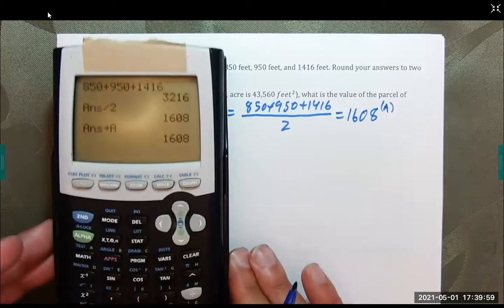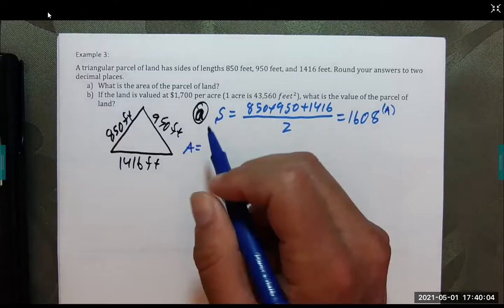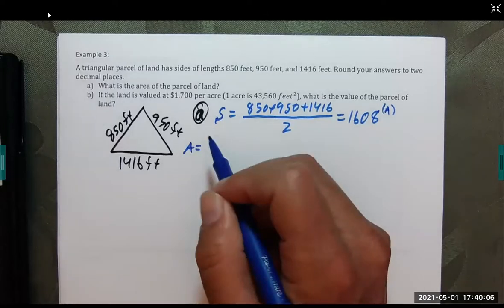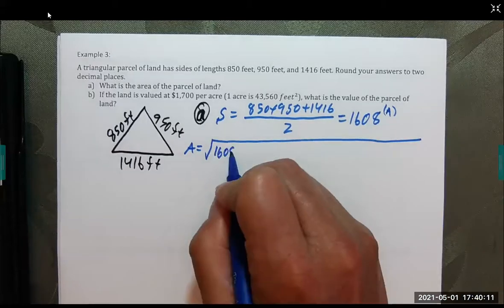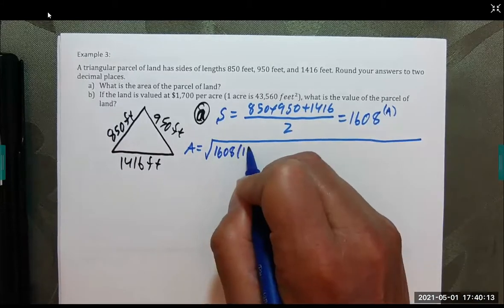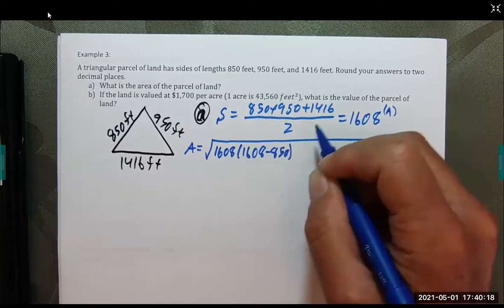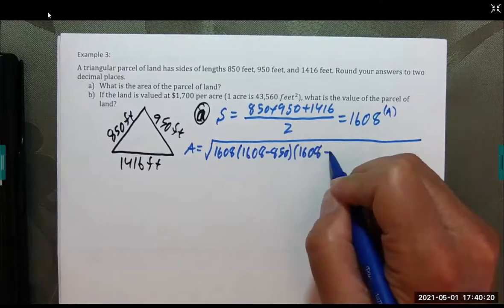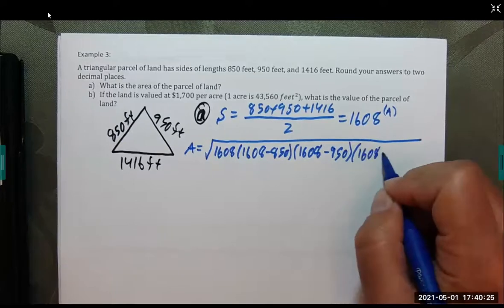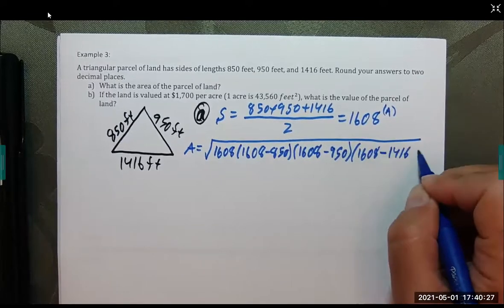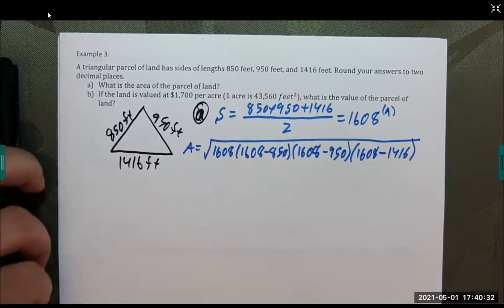All right, so let's find the area. Area is the square root of 1608. I'm going to use the letter A in mine. Then 1608 minus 850. Then 1608 minus 950. And 1608 minus 1,416. And let's see what we get in the calculator.